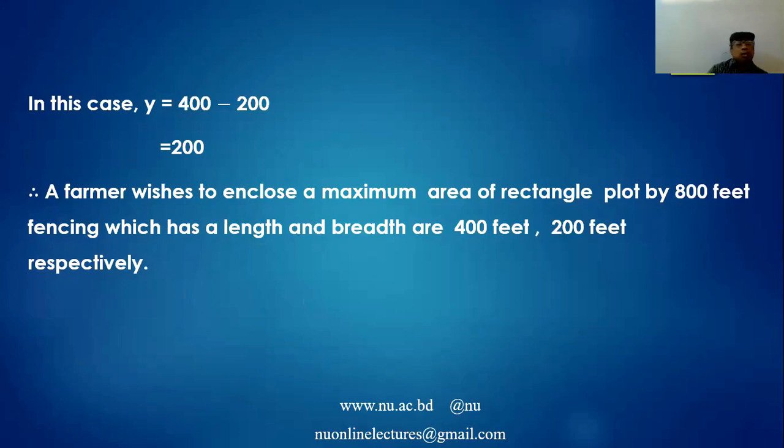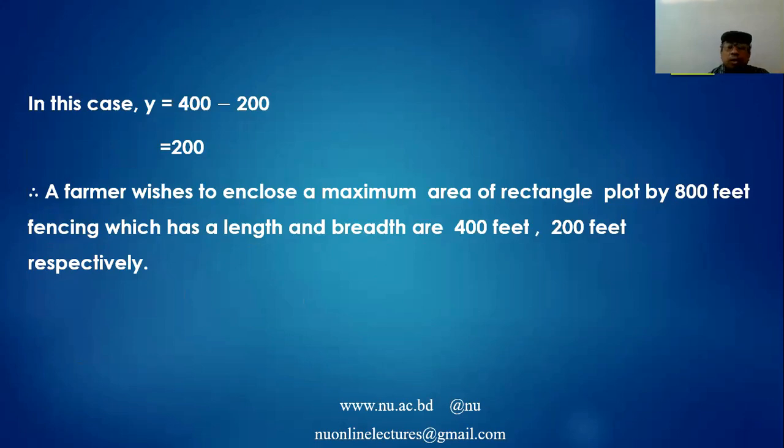So a farmer wishes to enclose a maximum area of rectangular plot by 800 feet of fencing, which the length and breadth should be: x is 200 and y also 200, not 400.